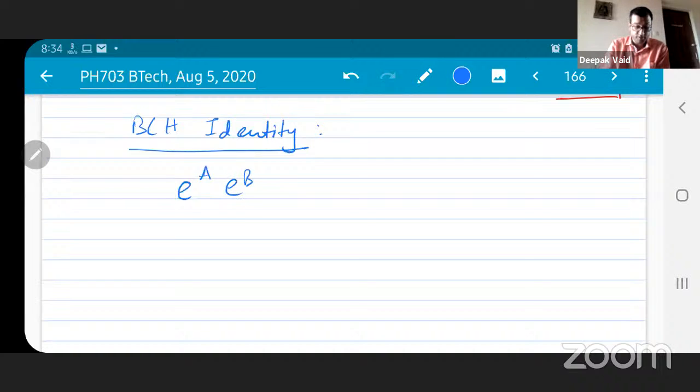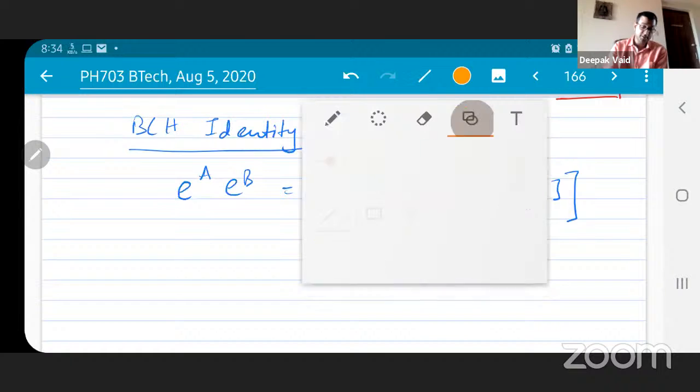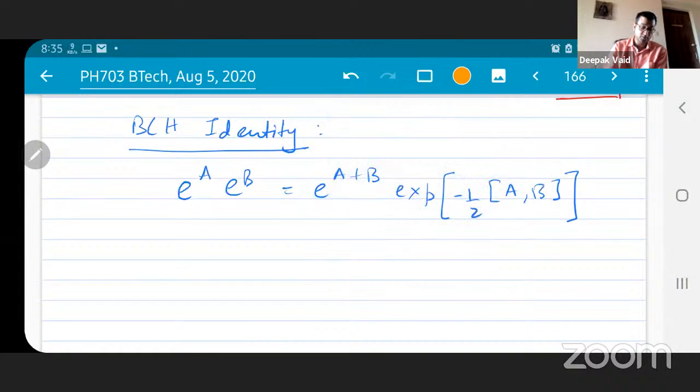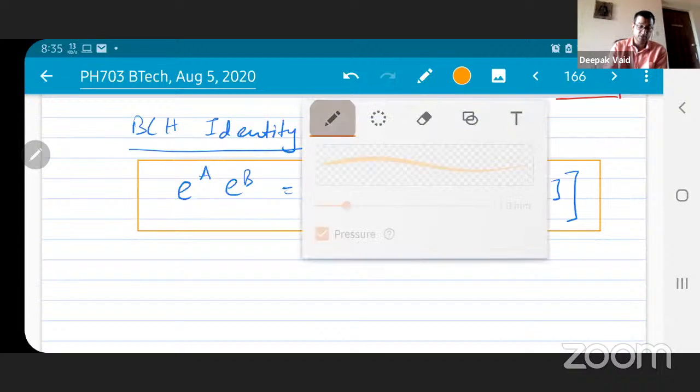Exponent A times exponent B is equal to exponent A plus B multiplied by exponent minus 1/2 commutator of A, B. This is known as the BCH identity, and this is a very important identity in quantum mechanics. It is used all the time, so you should remember this.